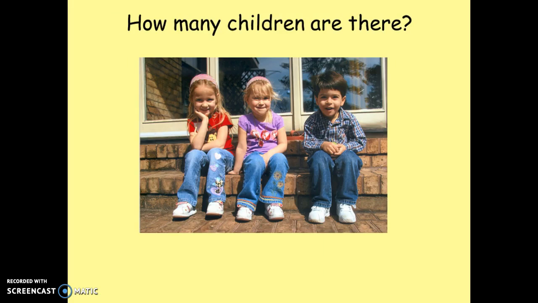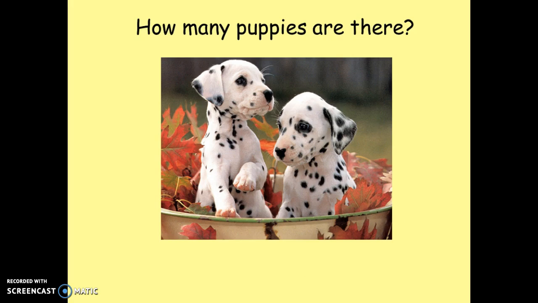Let's do a quick check to see if you've got it so far. How many children are there? Use a complete sentence. There are 3 children. We use there are and children because there's more than 1, so it's plural. How many puppies are there in the bowl? There are 2 puppies in the bowl. How many spots do they have?